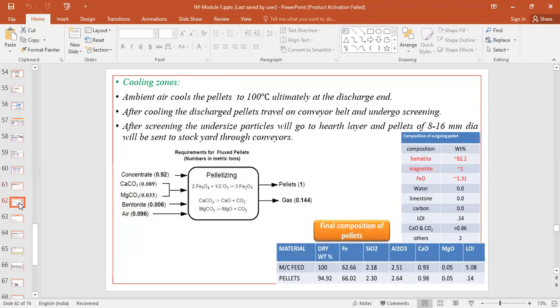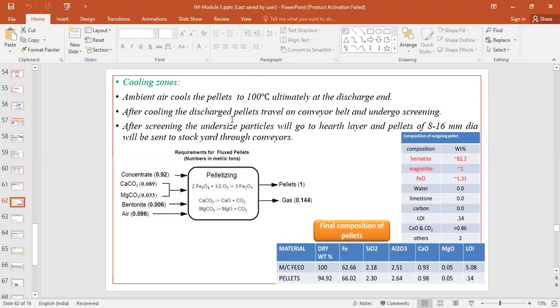In the cooling zone, the ambient air cools the pellet to 100 degrees centigrade, because this is what happens in the annular cooling zone, where the suction basically takes place. We supply the air from the bottom, and from the top there is suction, and the temperature of the pellet can be dropped to approximately 100 degrees centigrade.